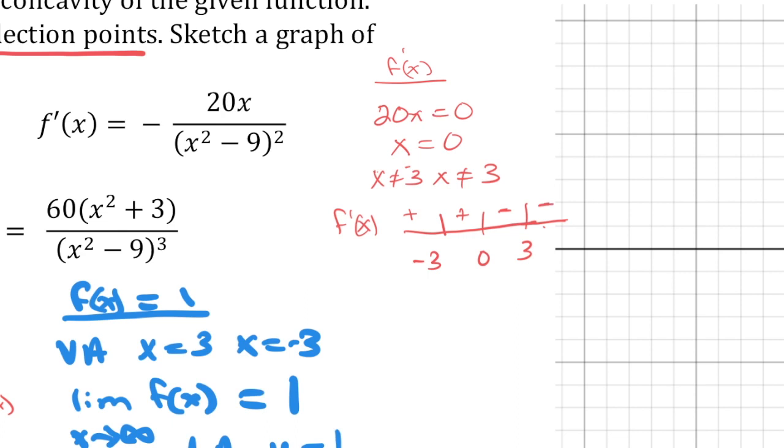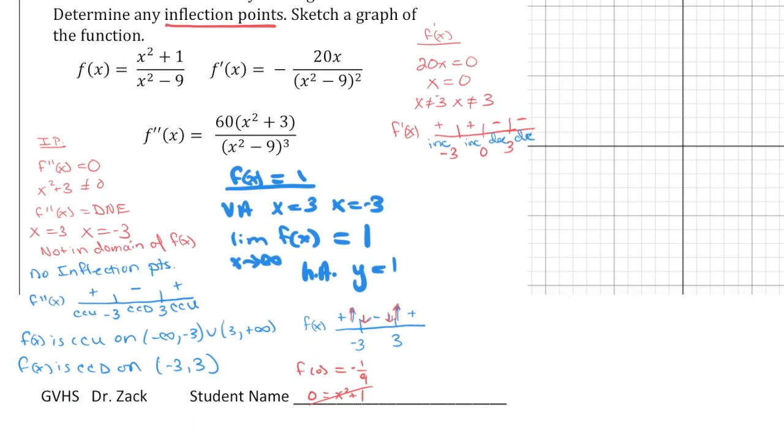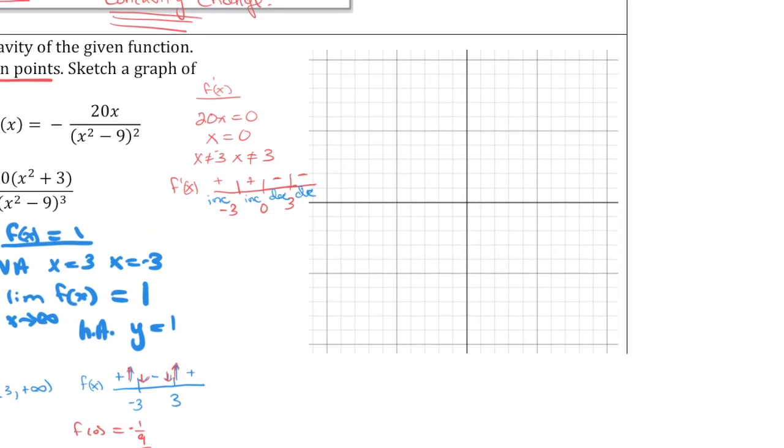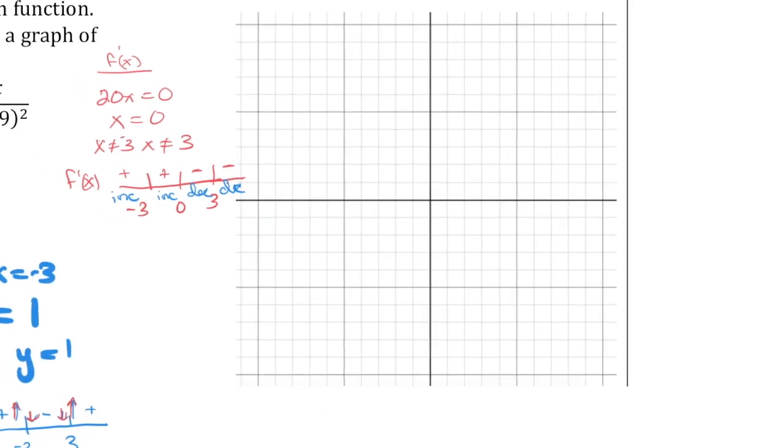That gives us information. We are increasing, decreasing, and decreasing. All right, so now we have all three parts of f of x, f prime of x, and f double prime of x. They're going to help us graph this function. So how do we put it all together?